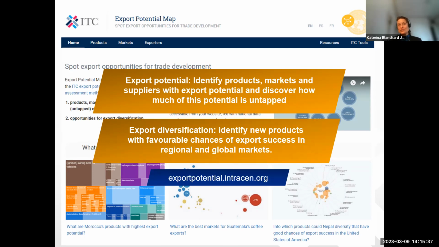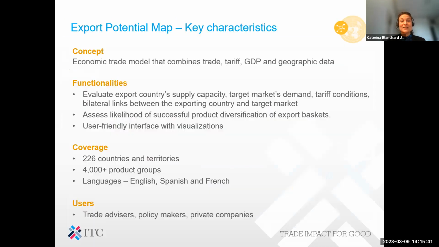It is important to mention that the Export Potential Map is an analytical tool based on the economic trade model. This model combines lots of data from different sources. It combines the bilateral trade data, data on tariffs, information on GDP growth, population growth, and also geographic data.